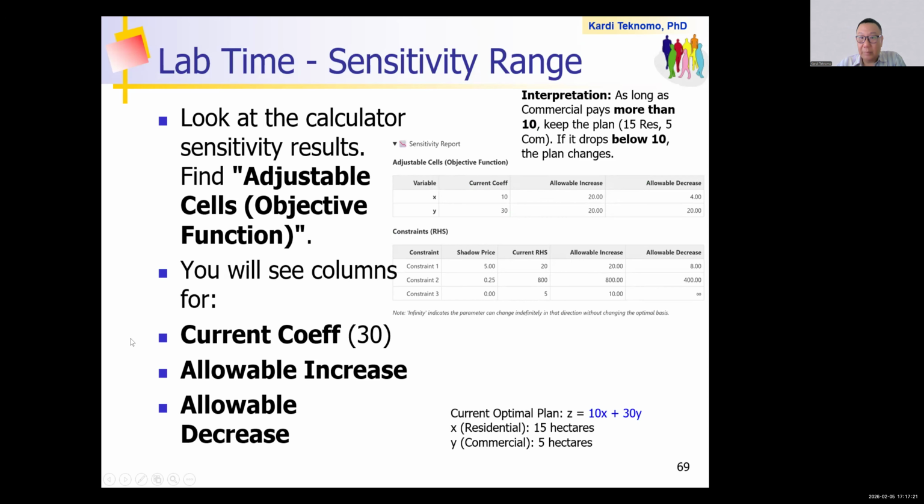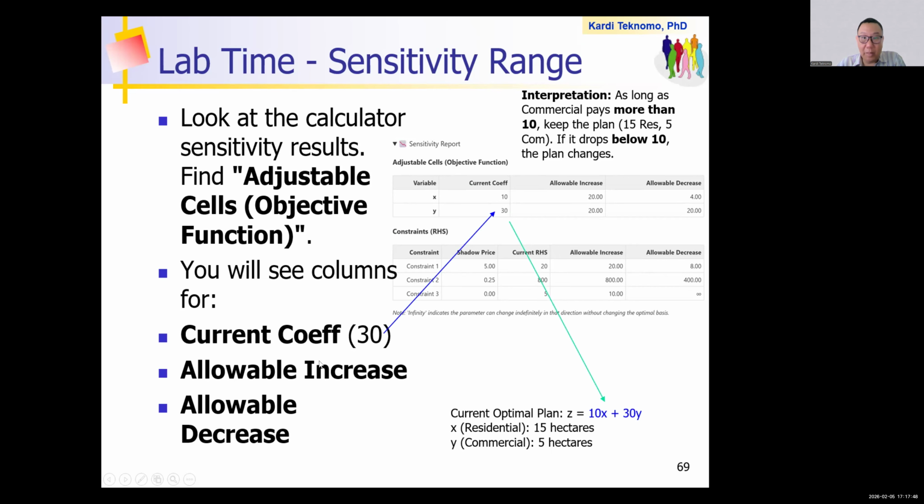So this is the current plan, and you also have the sensitivity toward the constraint. This is toward the objective. So this 30 current coefficient, and 10 and 30. This represents the objective function, right?